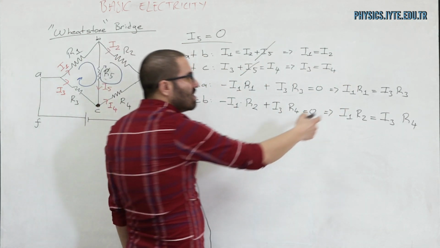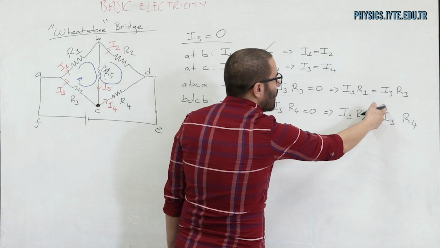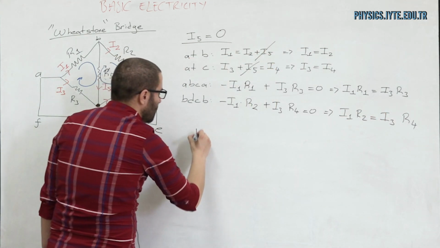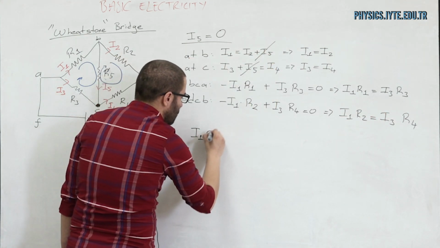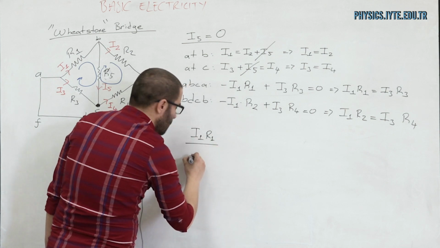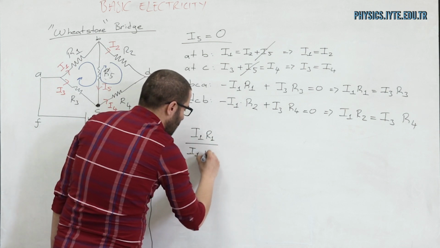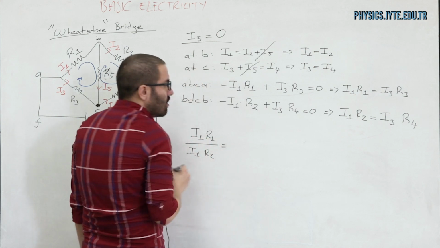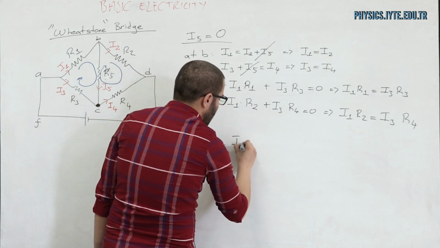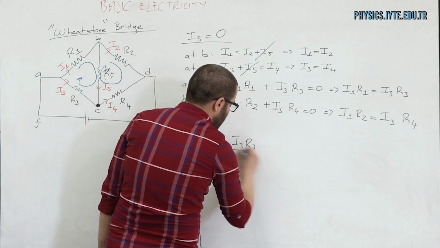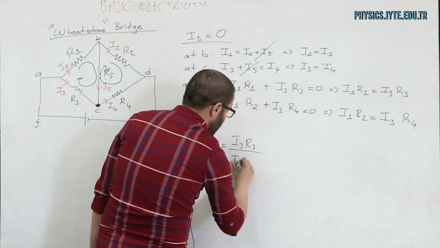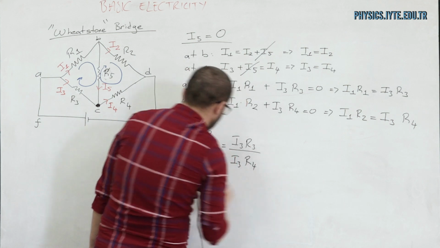Now I can divide these two equations side by side to get, let's write it here, I1 times R1 over I1 times R2 equal to I3 times R3 over I3 times R4.